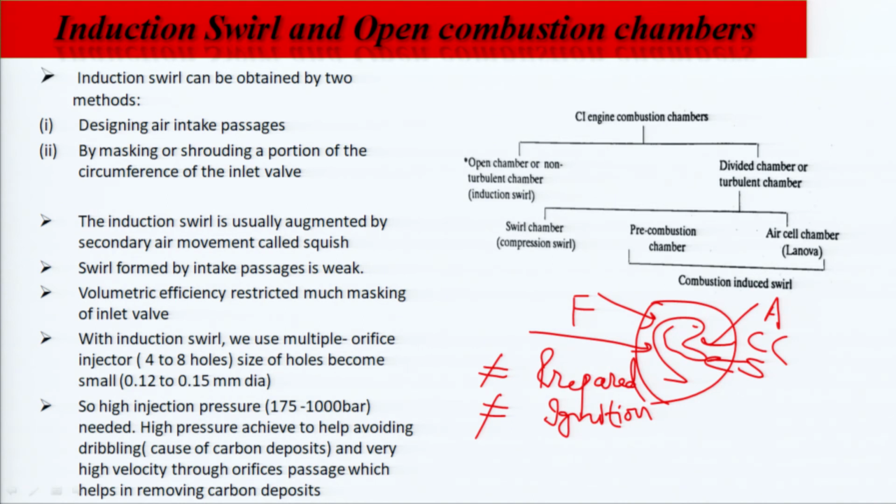Target means its brake thermal efficiency, or you can say the performance of that engine. Performance means its brake thermal efficiency and its brake power output, and also there should be very little exhaust emission. So, efficiency and power should be very high and emission should be as low as possible.